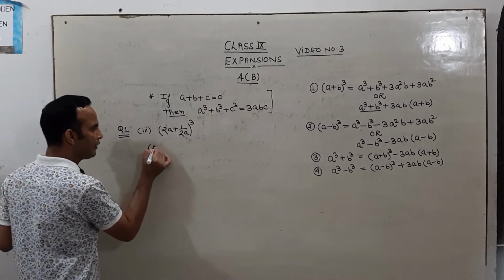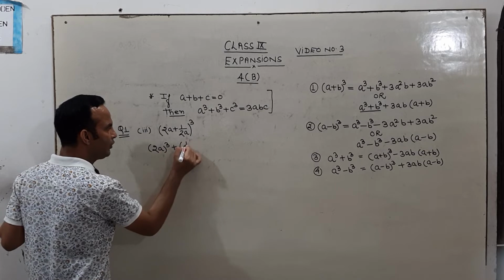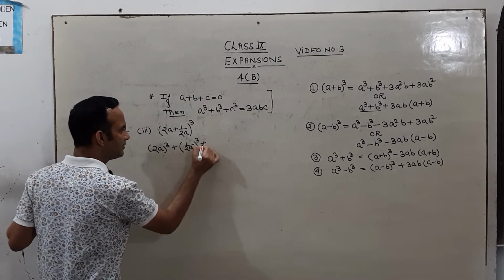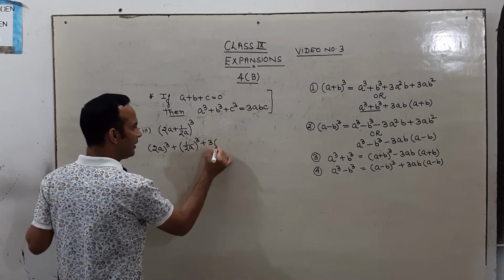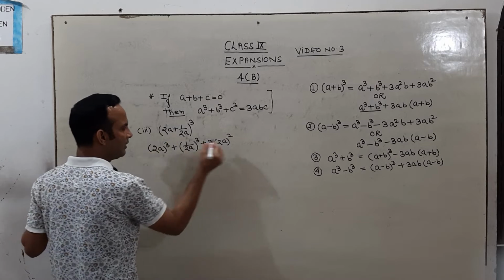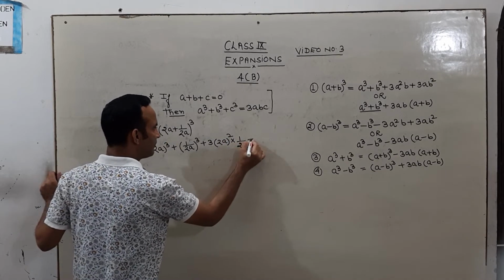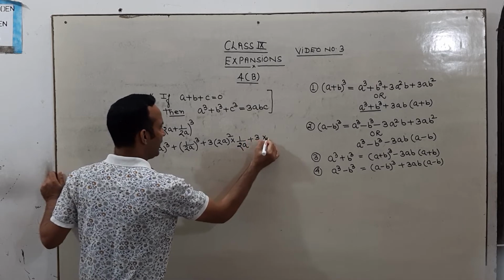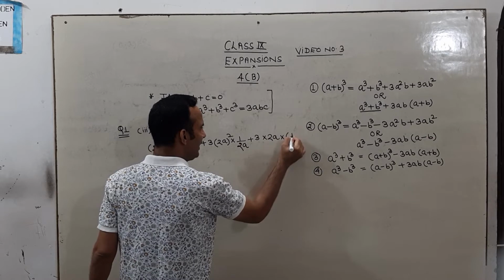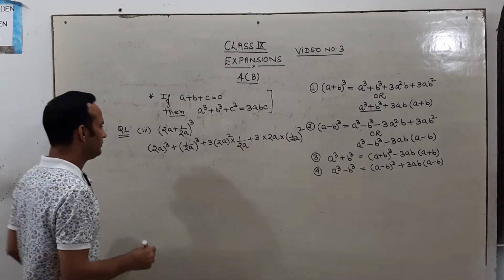See, a cube + b cube + 3a square into b + 3ab square, where b is 1 upon 2a.